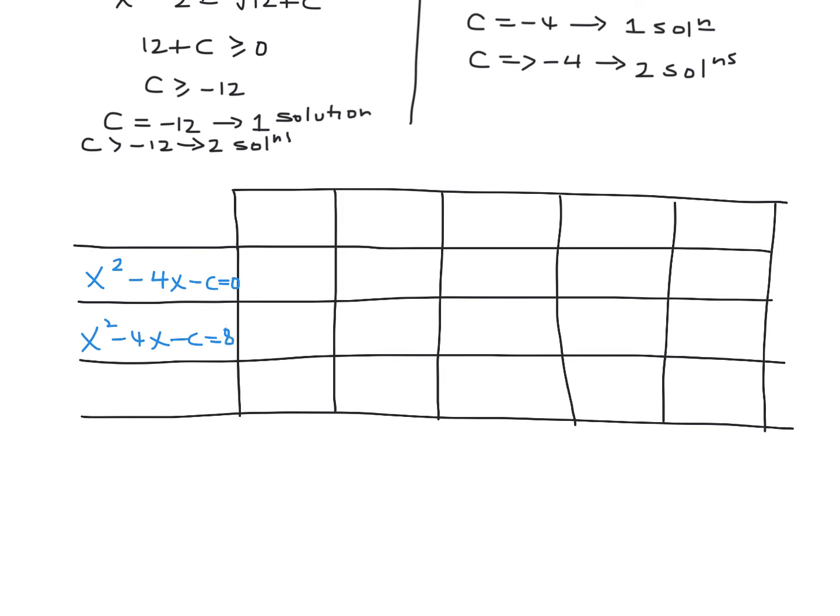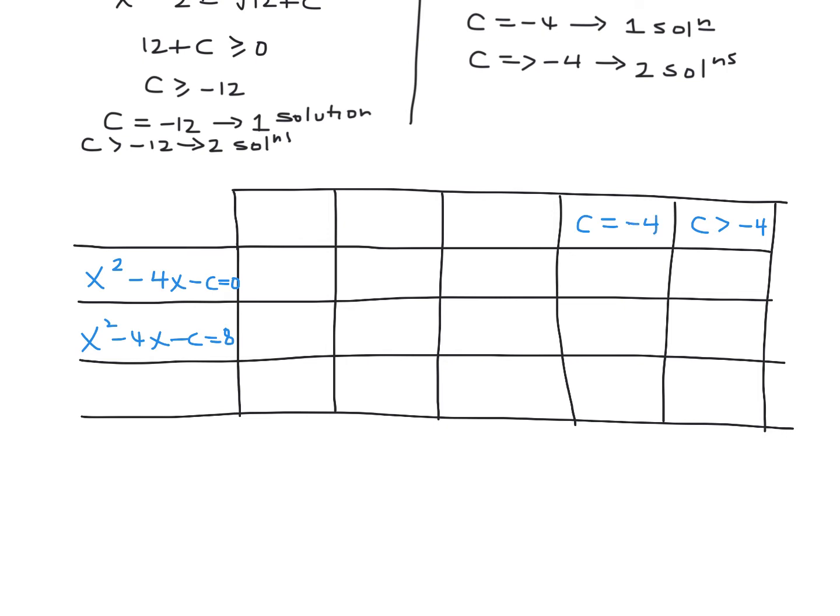And then we concluded that when c is greater than minus 4, and then we had c equal to minus 4. I'm just figuring out the ranges here.